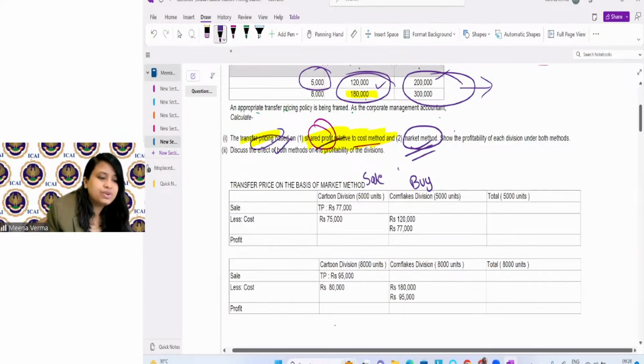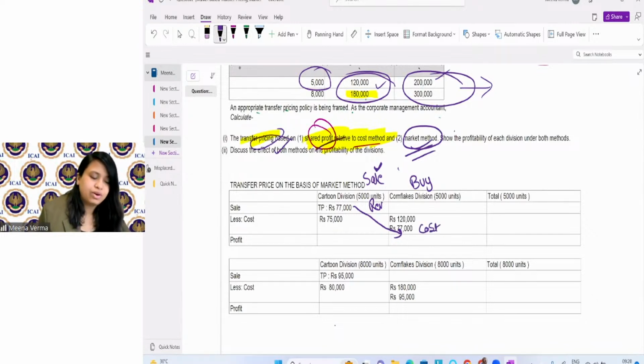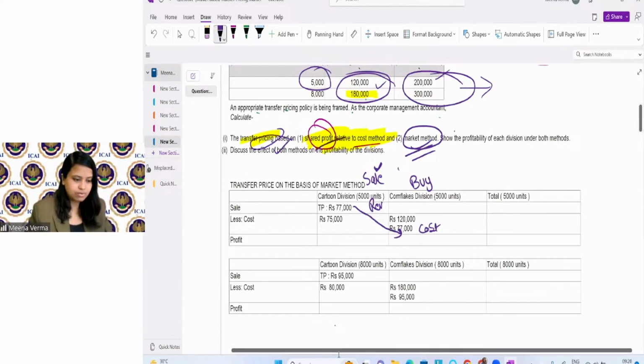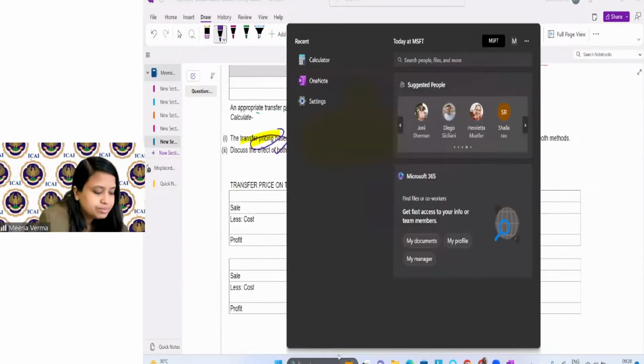So when we transfer the goods from one division to another division, it will be a revenue for them, and when we transfer it from here to here, it will be cost for them. So this is what we have done. For one division it is revenue, and for the other division it is a cost. What else do we have to do? We have to find out the profit now. Okay, calculator. I need a calculator.